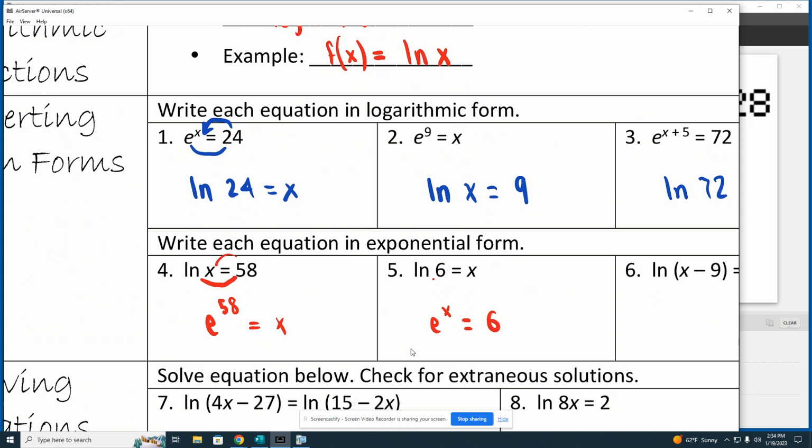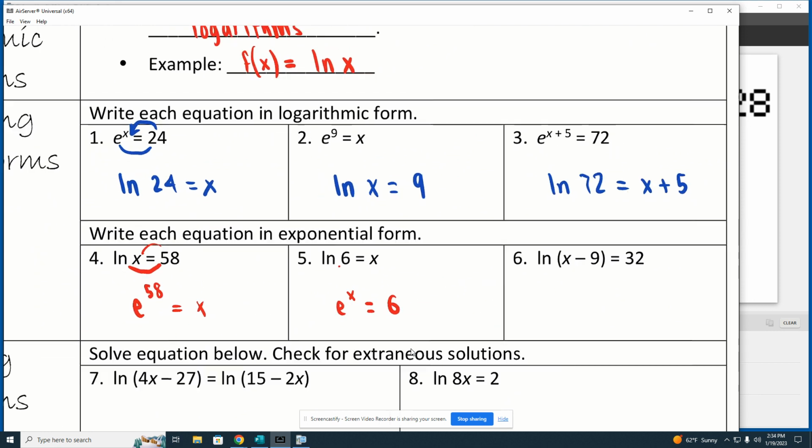See, nothing new. This is all stuff that we've already done, and therefore it should be pretty simple. Again, you see this natural log. You understand it's base e to the 32nd power equals x minus 9. And that's how you rewrite natural base exponents to logarithms, using ln, or natural logarithms to natural base exponents. Very, very easy.